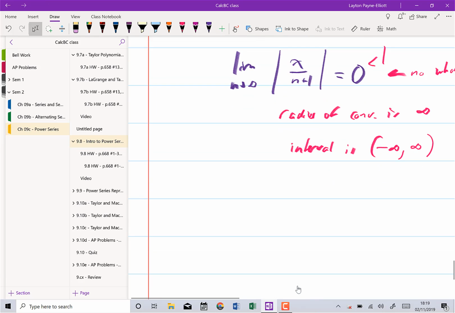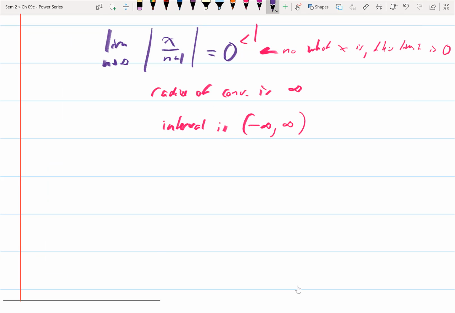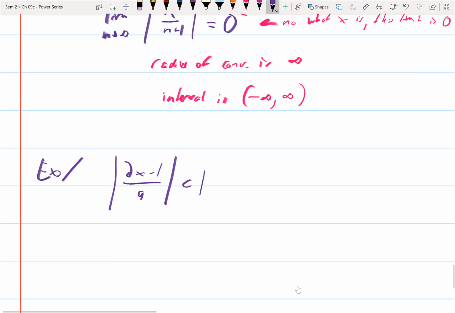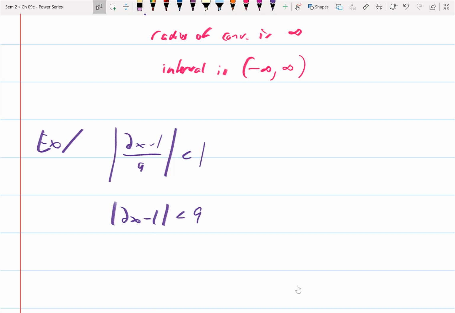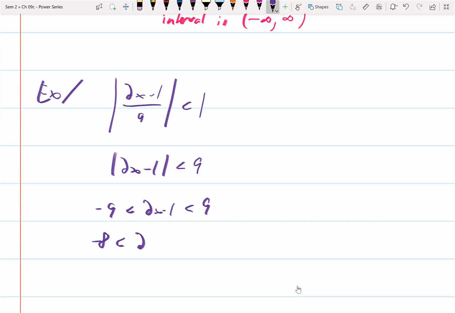It may be helpful to see an example that looks a little bit simpler without all this notation. So let me just give you something like this, just to remind you how to solve absolute value inequalities. If I get something like that, you can multiply both sides by 9, because the absolute value of 9 is 9. But then what you're really saying is that -9 is less than 2x minus 1, which is less than 9, or -8 is less than 2x, which is less than 10, or -4 is less than x, which is less than 5.